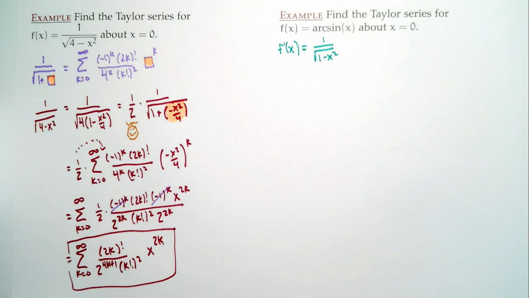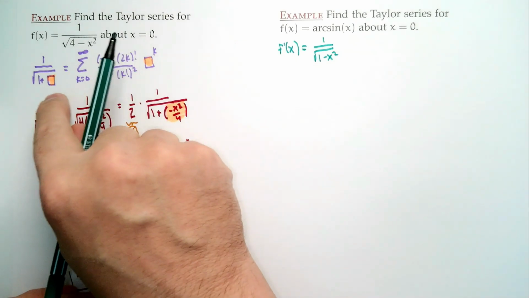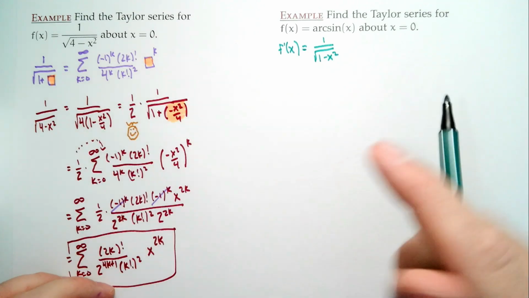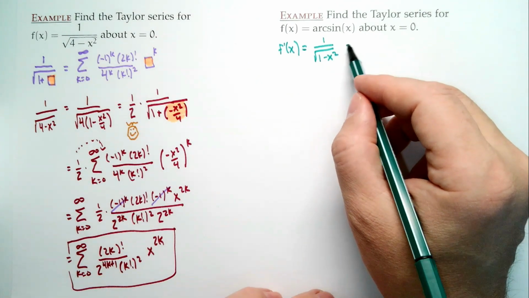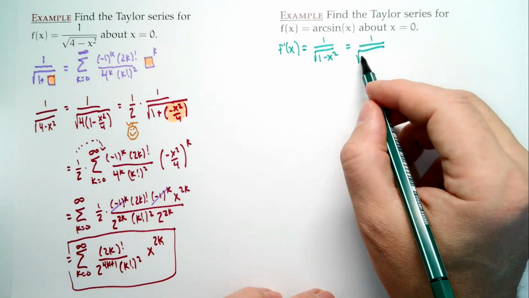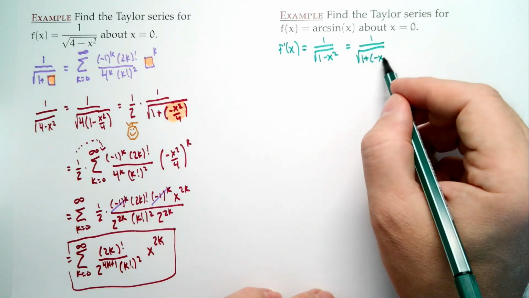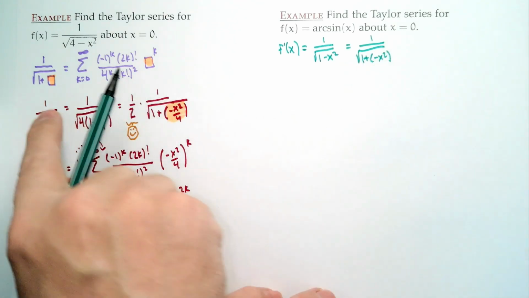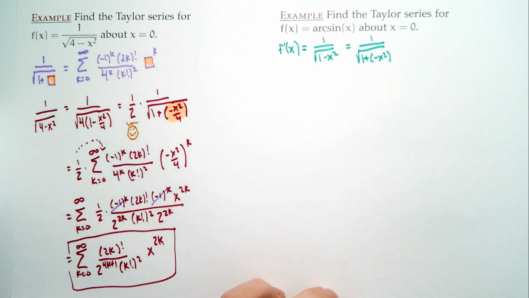But, okay, all right. Now, why is that useful? Well, it's pretty close to our mold we just did. In fact, it's really close. All we need to do is say, hey, that's 1 over the square root of 1 plus minus x squared. And now we're ready to fit our mold.